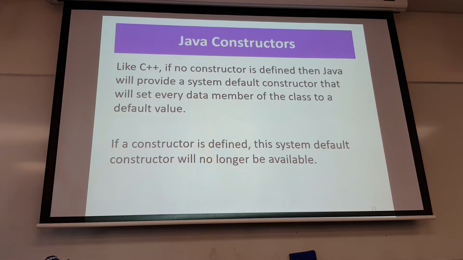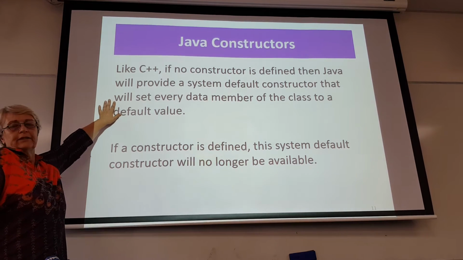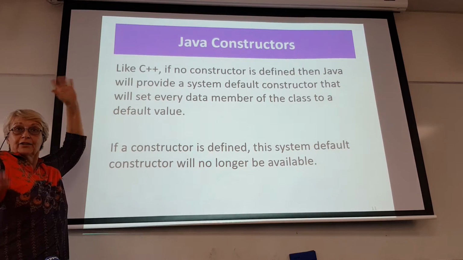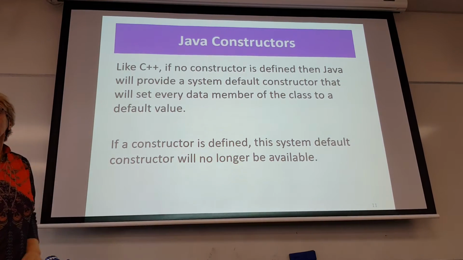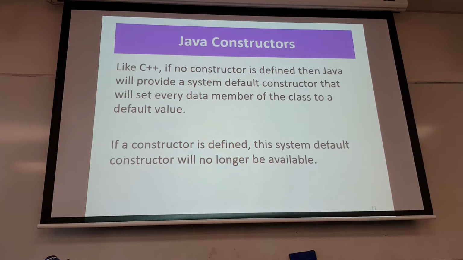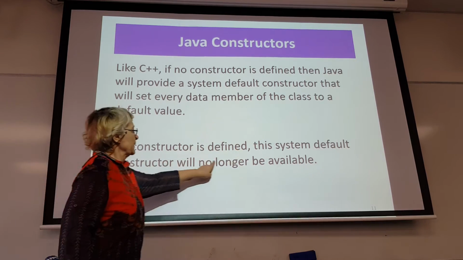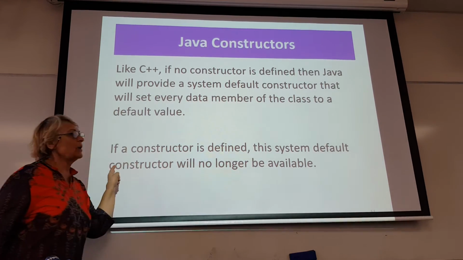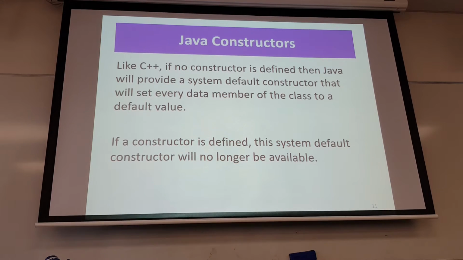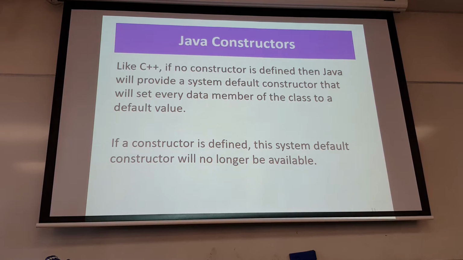Like in C++, if you do not define any constructor, you can use the objects because there is a default constructor. And like in C++, as soon as you define a constructor, the system default constructor will no longer be available. So you have to make sure that everything is done properly.